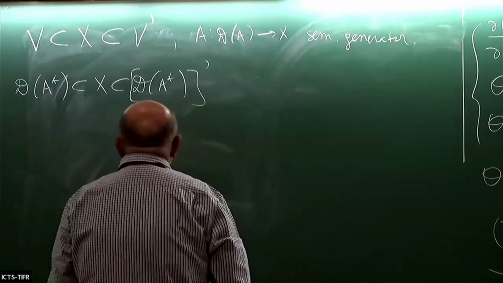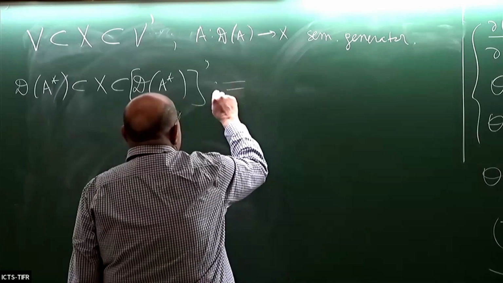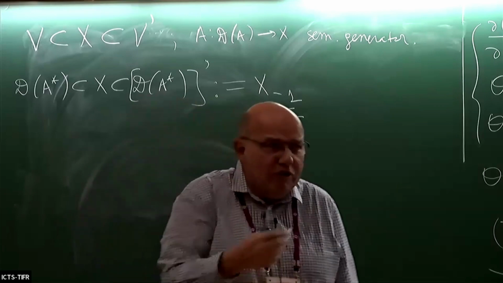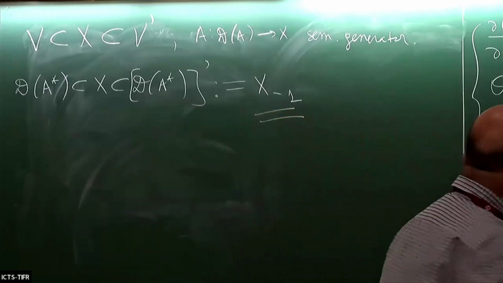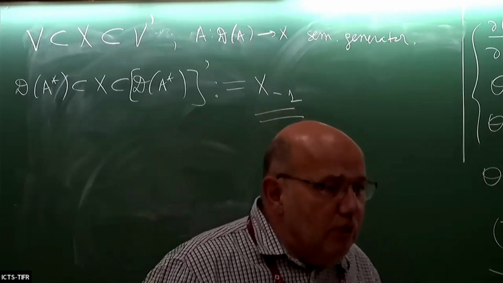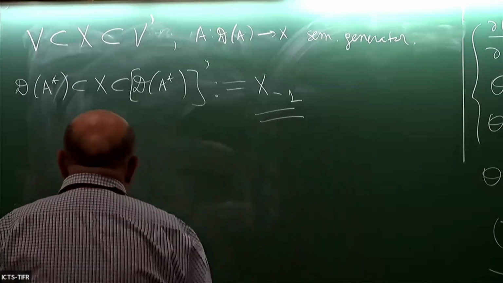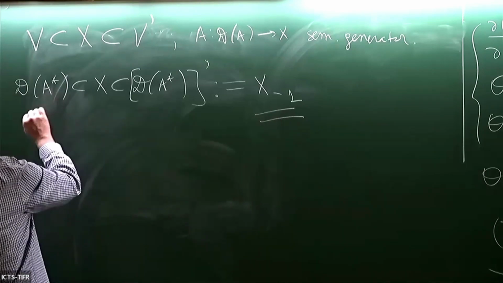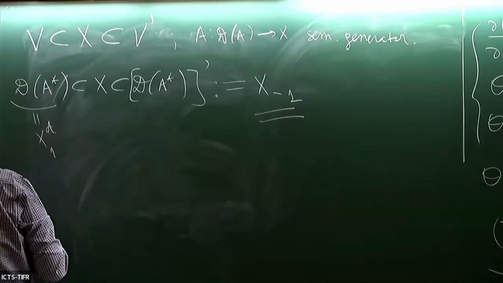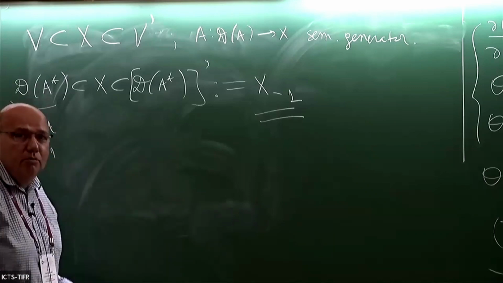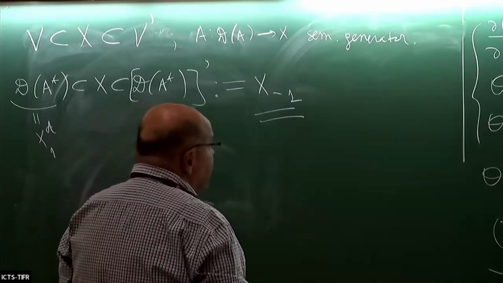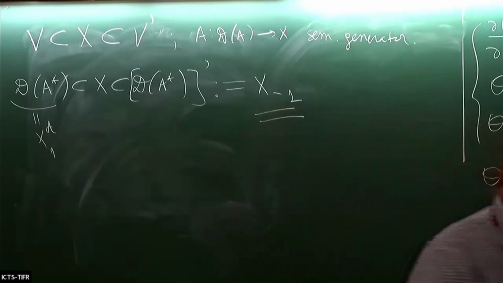This space is denoted by X minus 1. In general, I use an X with an index for a space which has already a norm on it. I don't say D of A as a space because D of A a priori has to be endowed with a norm. It's just an algebraic structure. So here I take the graph norm. This one is also denoted sometimes X1 dual, because there is A star, but I will avoid this notation as much as possible. And I have this construction. Why is this space important?